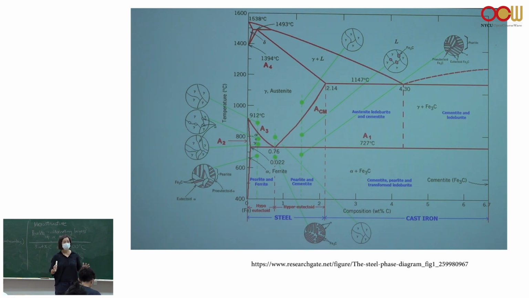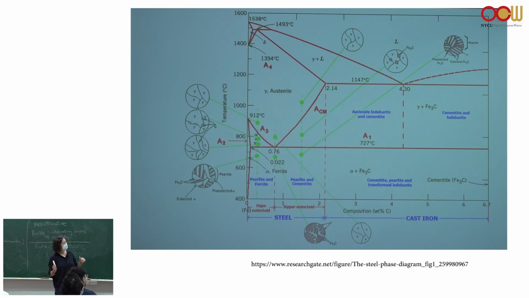You continue to lower the temperature, and right as you cross the 1147 degrees Celsius temperature, when you get below it, your gamma will stay the same. That's not going to change much. But your liquid is going to become what? Your liquid will transform into gamma and cementite.